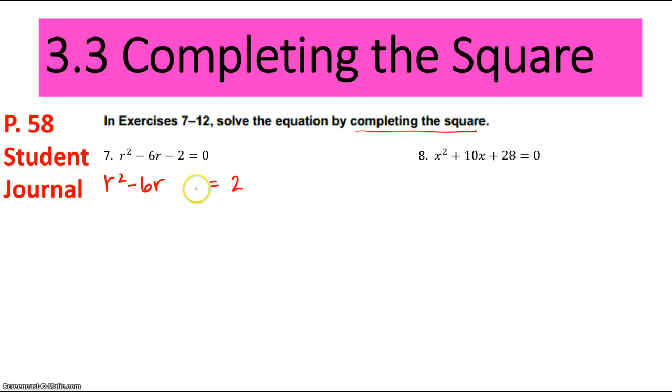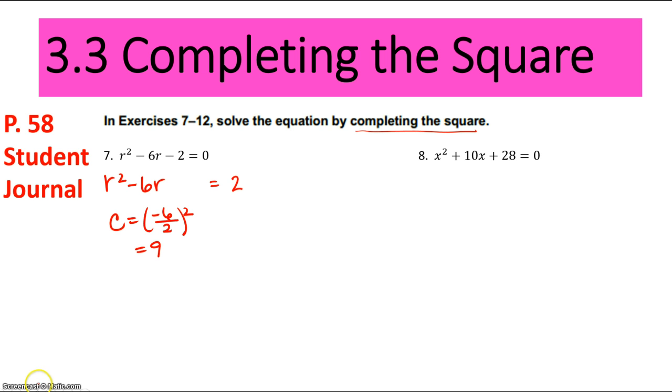So I'm going to find the c term that makes the left a perfect square trinomial. To find that c term, I take the b term, negative 6, divide it by 2 and square it, just like we worked on yesterday. So negative 6 divided by 2 is negative 3, squared is positive 9.